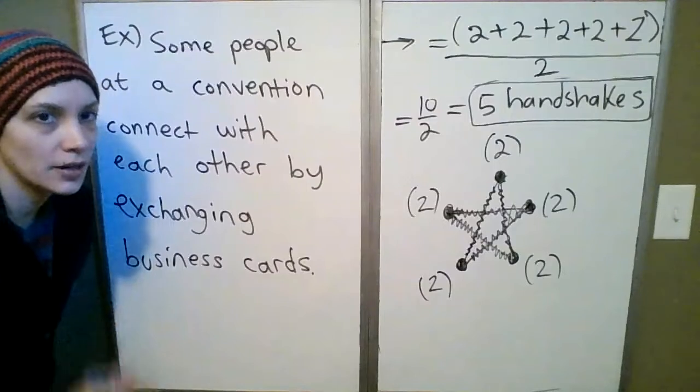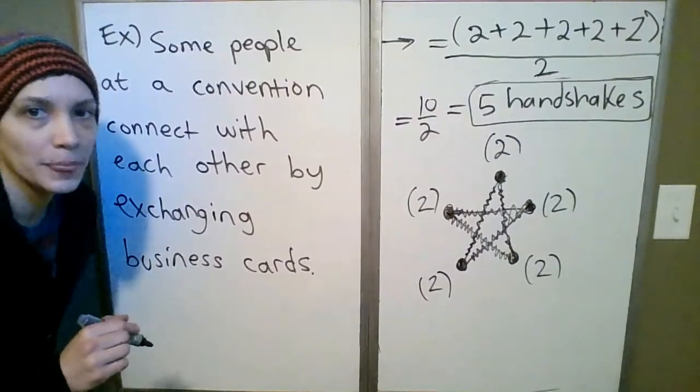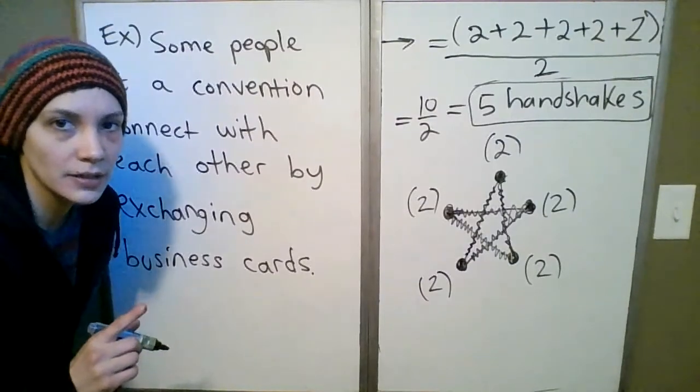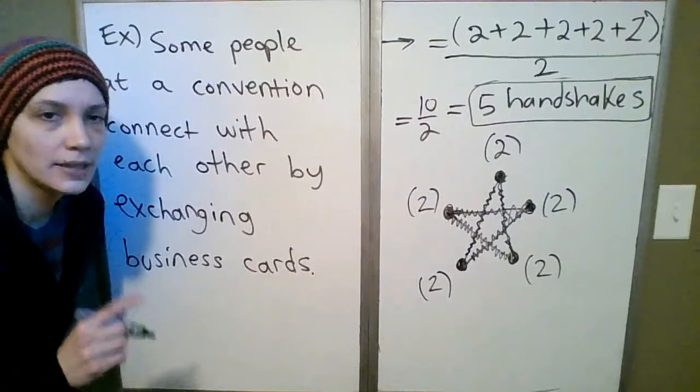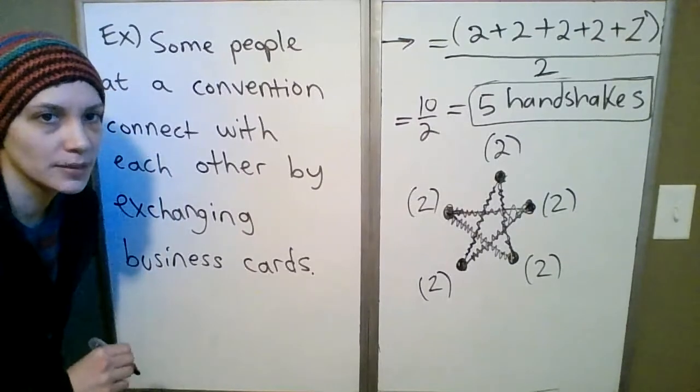If two people exchange cards, they make a connection. How many connections are made if, and then we're going to have multiple parts.